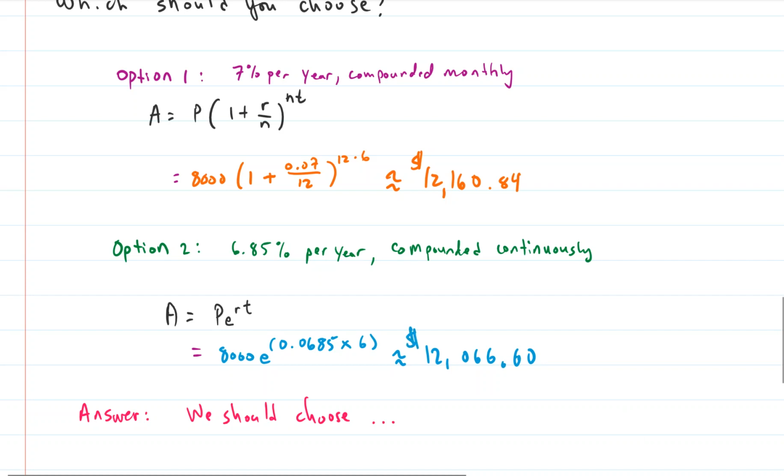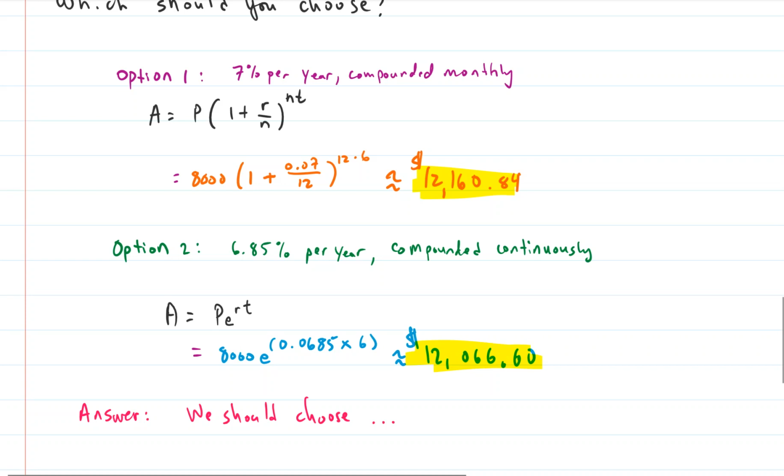So which one gave us more money? That was $12,160 and 84 cents. And then we had $12,066. So we got about $94 from the higher interest rate.